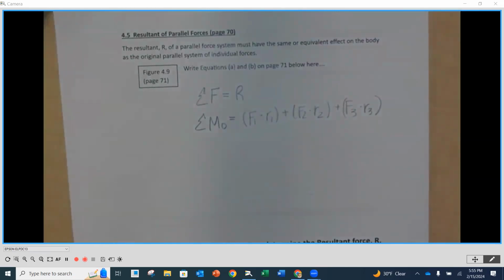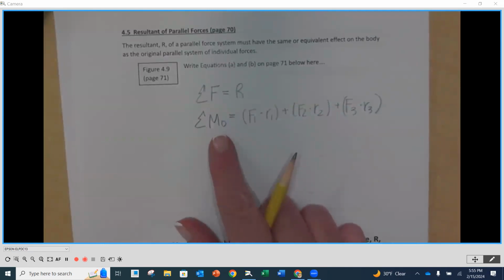Whatever those magnitudes are, we take the force times the distance. If there were more forces, we would keep adding to our moment equation, multiplying each by its perpendicular distance back to the point we're summing around.